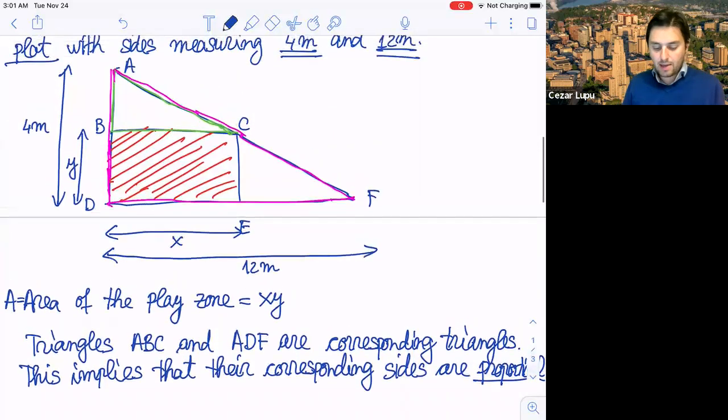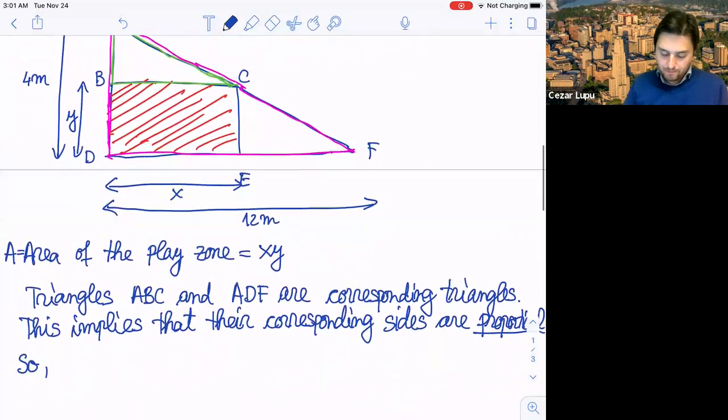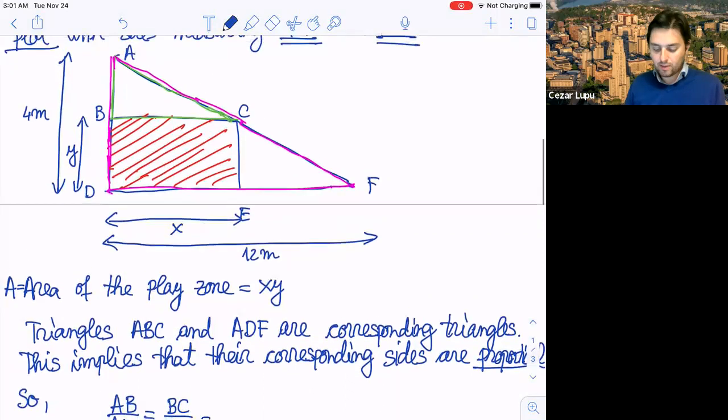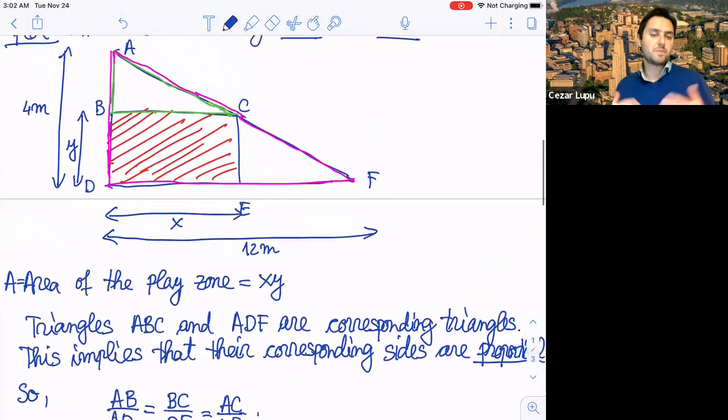So this means that AB over AD is the same as BC over DF. So AB over AD, so this ratio is the same as BC over DF, and it's the same as AC over AF, right? So we know this because these two triangles are similar or corresponding, whatever you want to call them. All right, that's great.